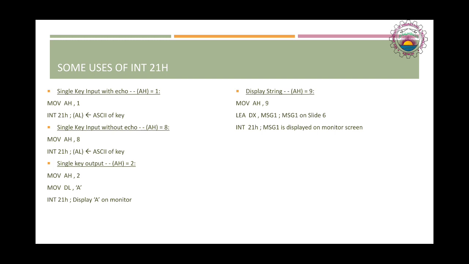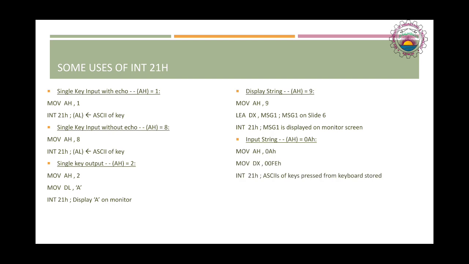MSG1 we discussed earlier in slide 6 of this lecture. So you have a message in memory and you have loaded the starting address of that string message into the DX register by using the LEA instruction. After that you have the interrupt 21H instruction. When interrupt 21H is executed, a string will be displayed on the monitor screen.